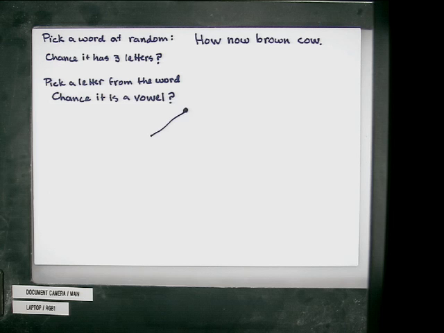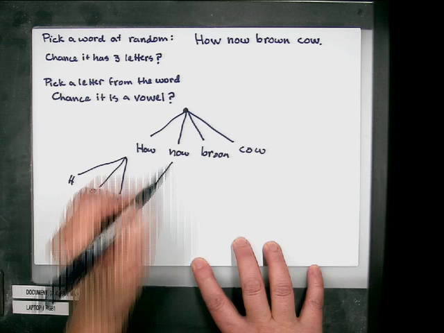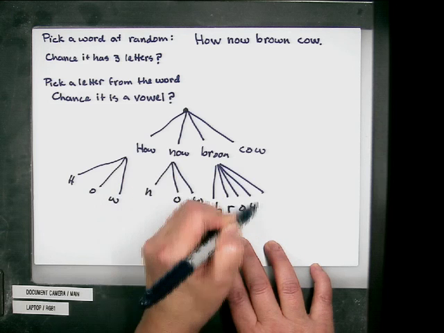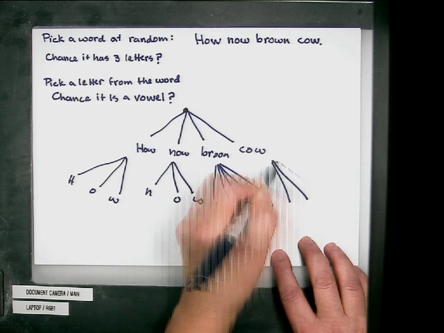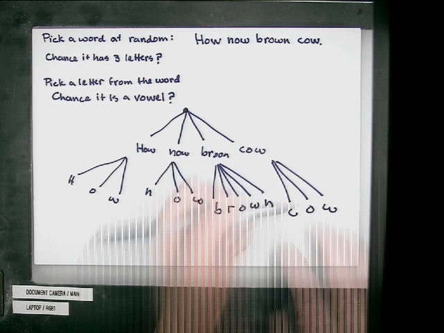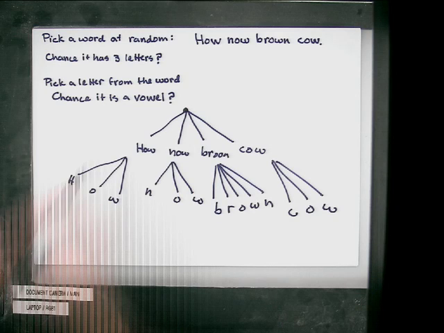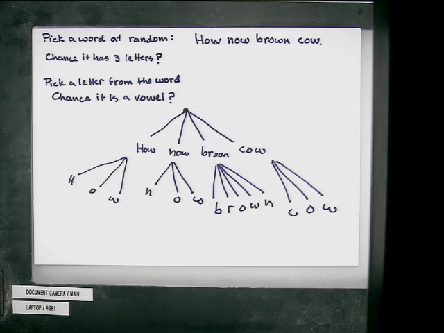And so out of each one of these, I could have HOW or NOW or BROWN or COW. So that's listing all the possible outcomes. Now I have to put probabilities on my branches, and the chance that I pick each of those words is equally likely, and there are 4 of them, so it's 1/4, 1/4, 1/4, 1/4.